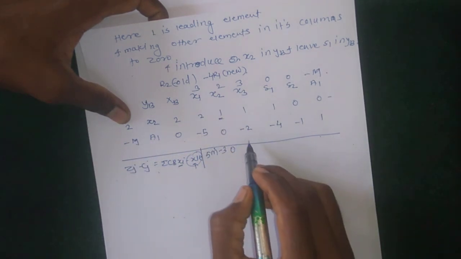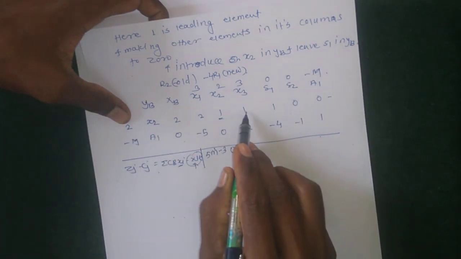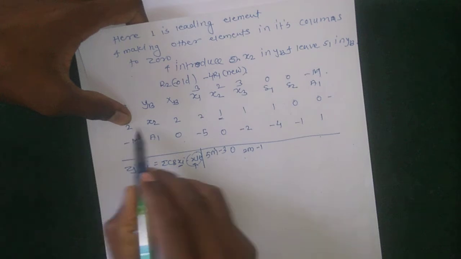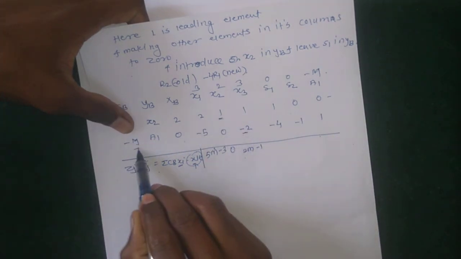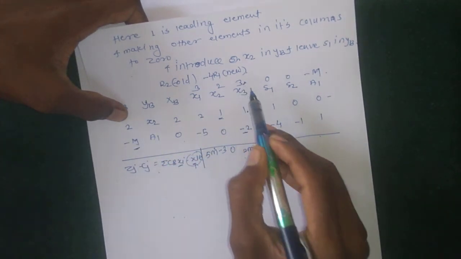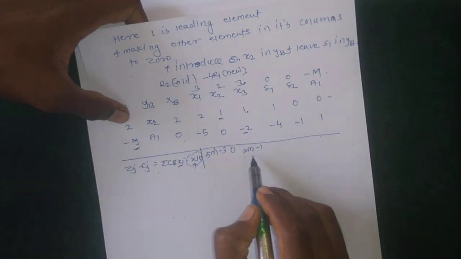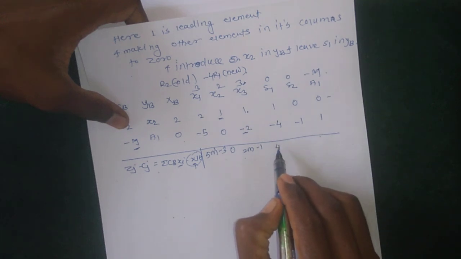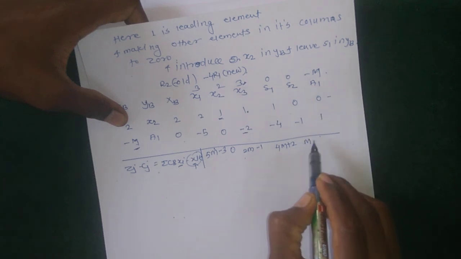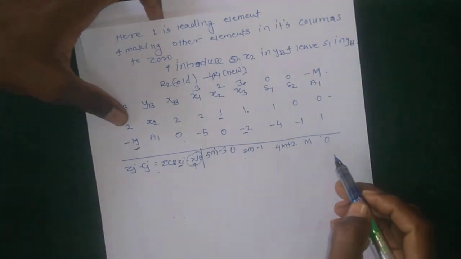For the third column, 2M plus 2 minus 3: 2 minus 3 is minus 1 and 2M as it is, so 2M minus 1. For this, 4M plus 2, for this M, and for this 0, because minus M plus M is 0.